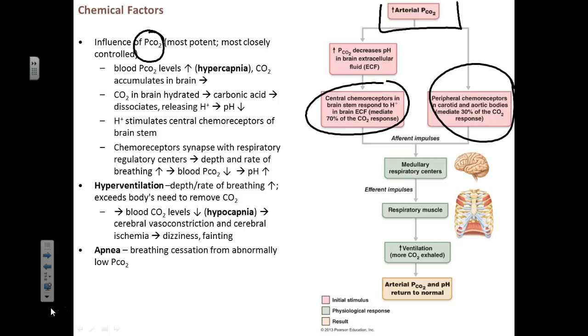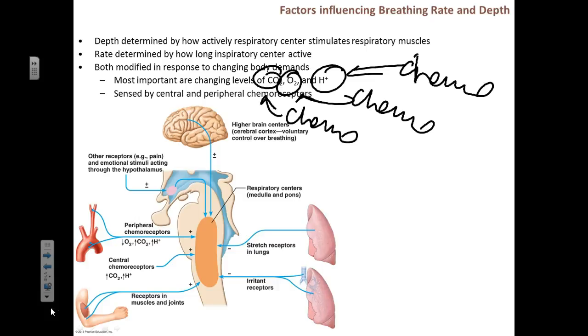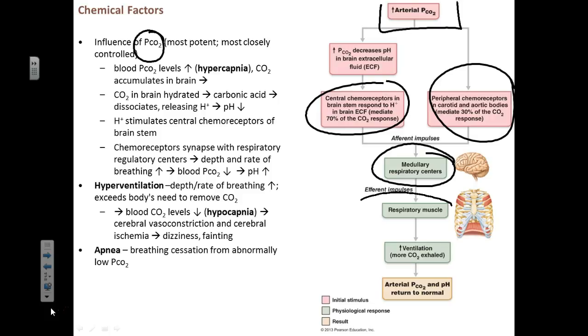That increase in CO2 stimulates respiratory centers in the medulla, right here, that stimulate respiratory muscles, that increases ventilation, that increases exhalation of CO2, and concentration of CO2 in the blood is restored. Does that make sense?